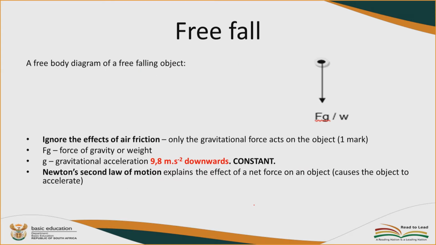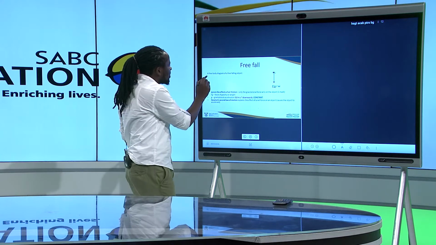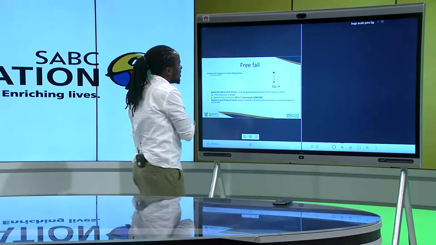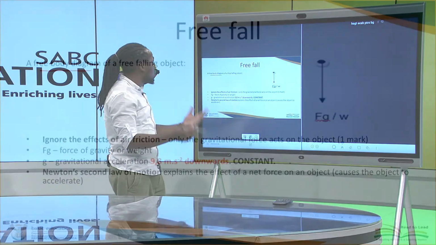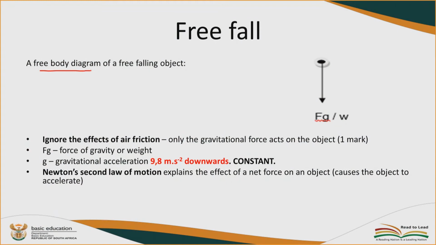Okay, now let's look at the concept of free fall. I've already indicated that when we talk about vertical projectile motion, in many cases, free fall is the main concept, right? Now, a free body diagram, something which comes from grade 11, shows the forces acting on an object, okay? So if you check, the definition of free fall says it's the type of motion in which the only force acting on the object is the gravitational force.